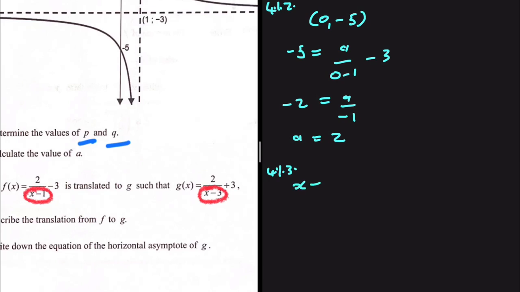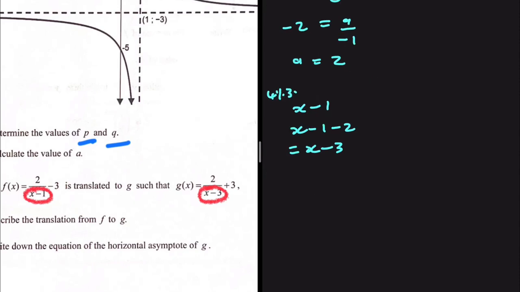We had x minus 1. In g(x), we have x minus 1 minus 2, which is just x minus 3. So we have moved 2 units to the right. We can write it down as moving 2 units to the right.